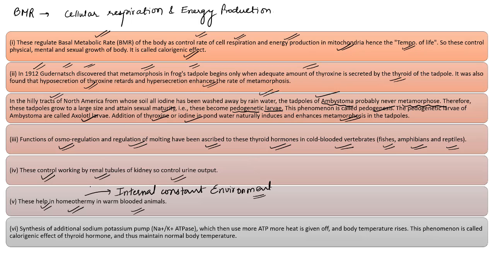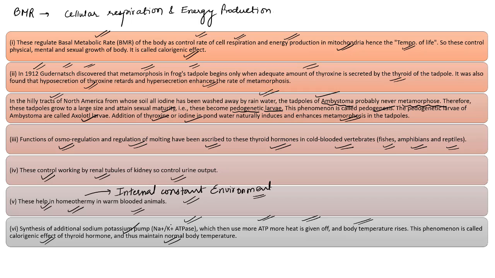Next is synthesis of additional sodium potassium pump in the presence of sodium potassium ATPase enzyme, which then uses more ATP, more heat is given off, and body temperature rises. This phenomenon is called the calorogenic effect of thyroid hormone, and thus it maintains normal body temperature.